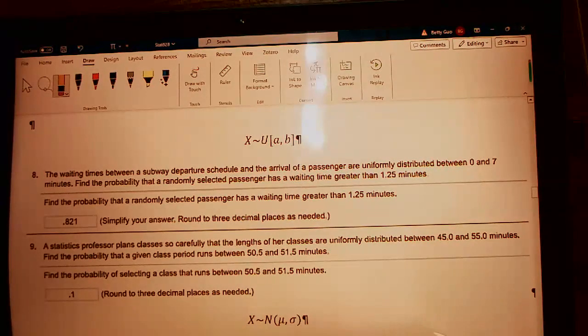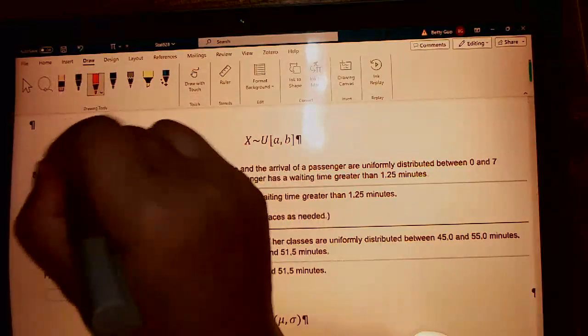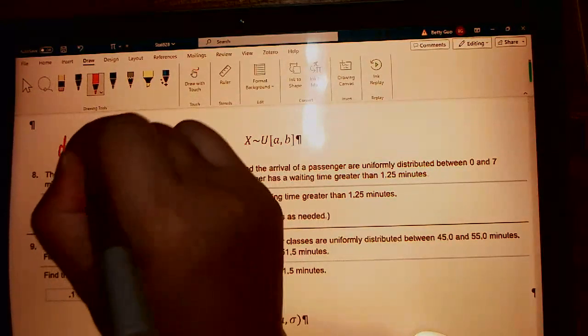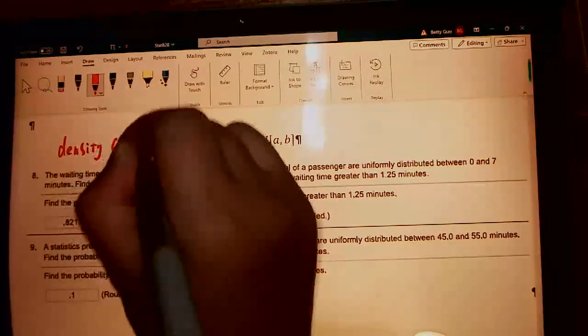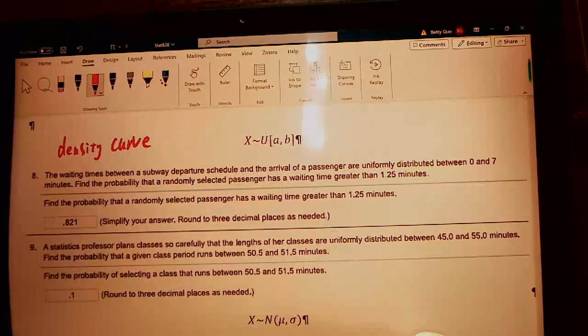For continuous random variable, we have a tool as well. The tool is called density curve. It's a continuous curve, not a table anymore, because continuous random variable assumes infinitely many and uncountably many values. So table doesn't work anymore. It has to be a continuous tool, which is a curve.